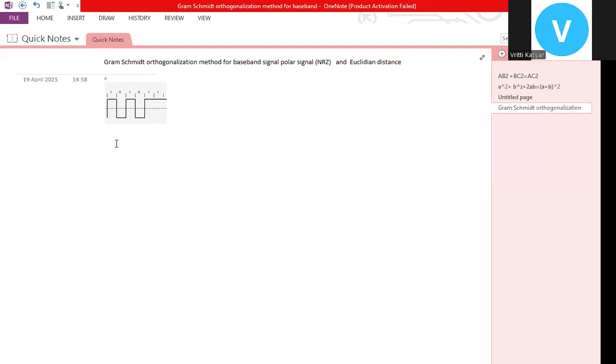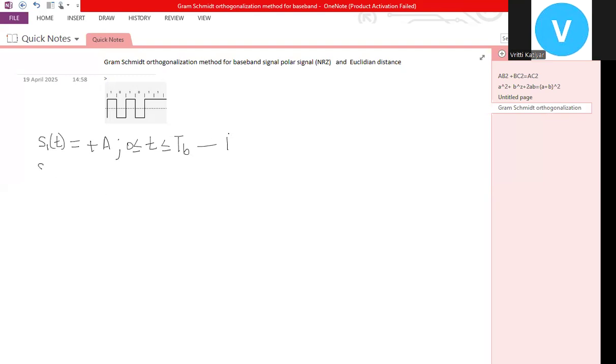The polar signal is represented as S1(t), which has a magnitude of plus A in the interval 0 less than or equal to t less than or equal to TB, the representation of one bit, if the bit is 1.